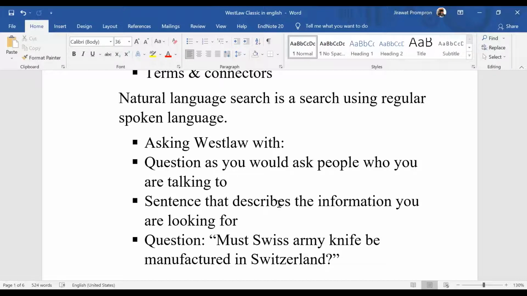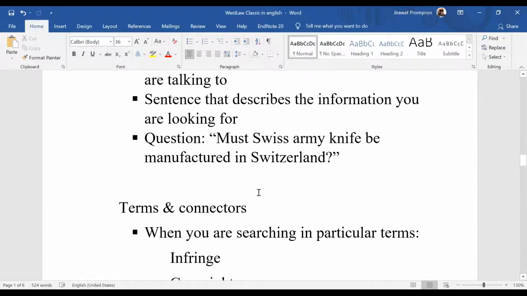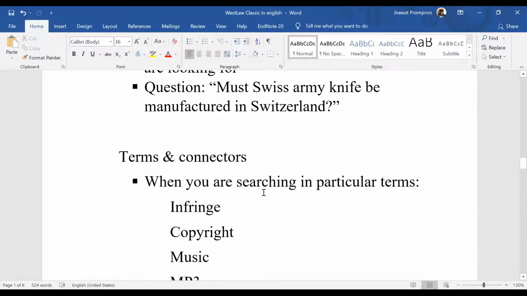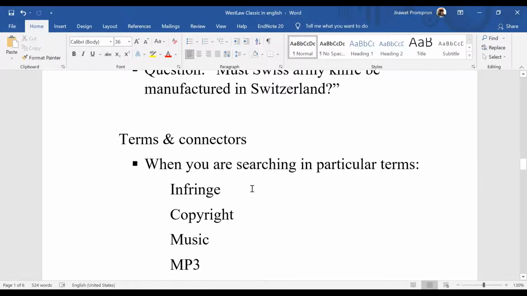So with natural language you have to spend time analyzing. Maybe you get some articles that are irrelevant to you. So for more effective results I recommend this one: terms and connectors.